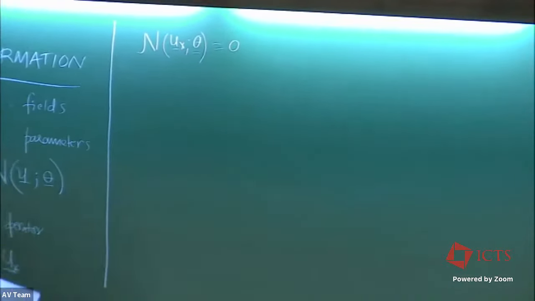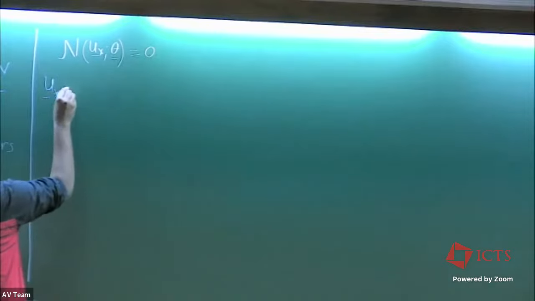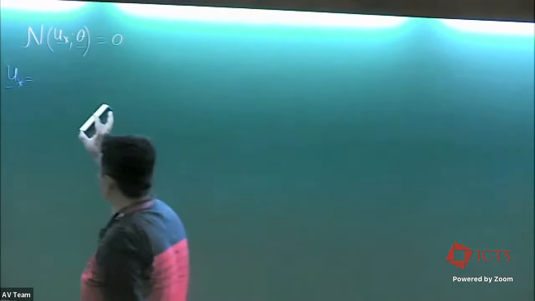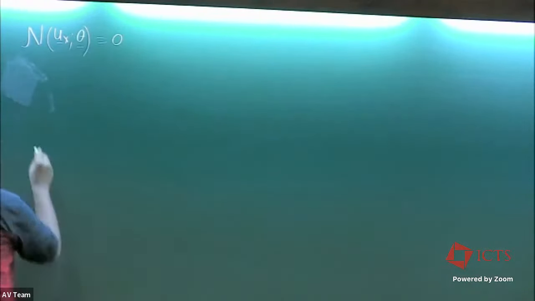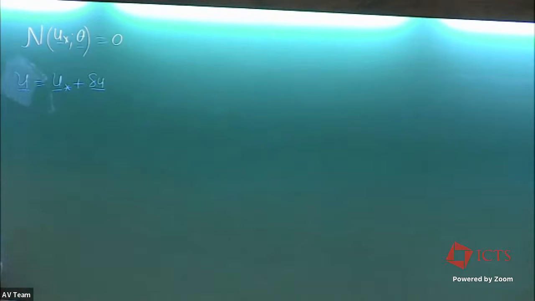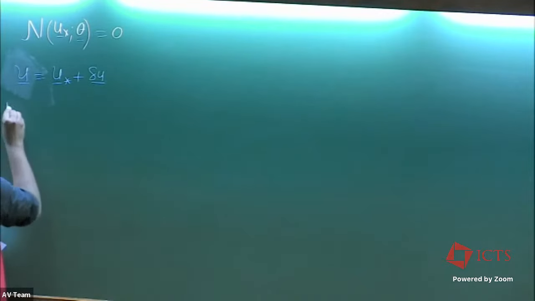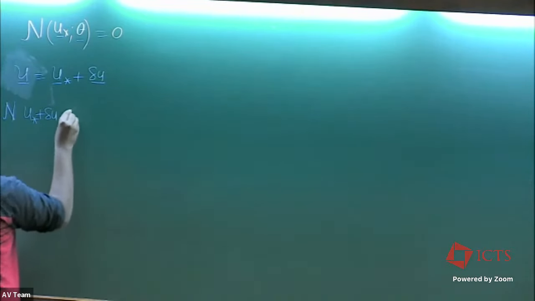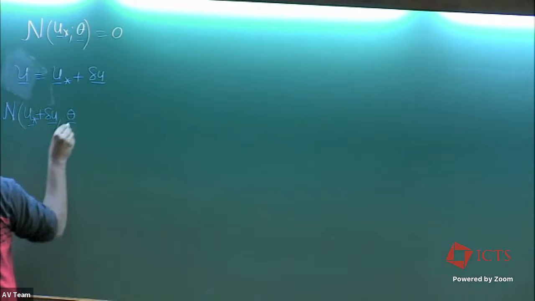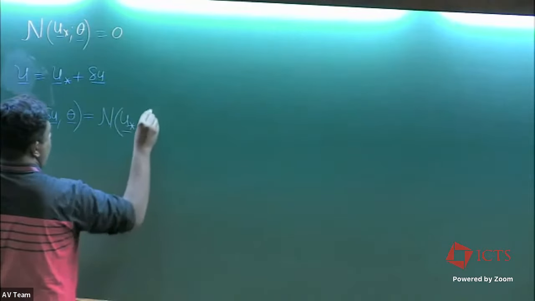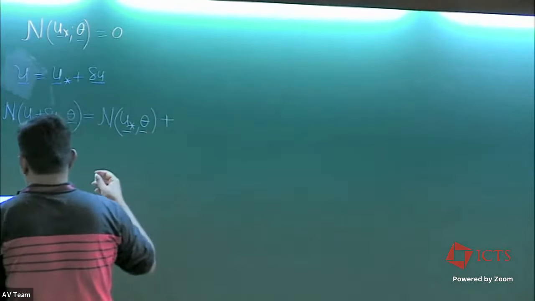And now what you do is to perturb the system. You perturb the system, u as u star plus delta u, and then do a Taylor expansion of the nonlinear operator. So therefore, the nonlinear operator at u star plus delta u at the set of parameters theta will be the nonlinear operator at u star comma theta plus some linear operator.